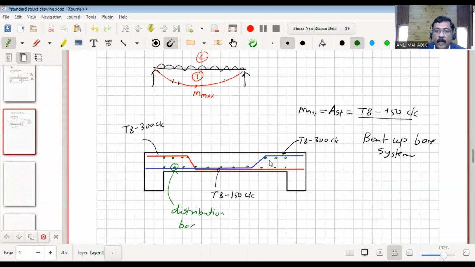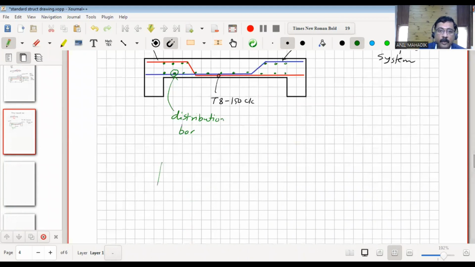So this red and blue is a main steel as per the design, and we are putting alternate bars. If it is a two-way slab, then these green colored bars will be main steel. So it will be also bent up. So let's say this is your one-way slab like this. So let me show you. So what I'm assuming in this case is, let's say this is your beam.